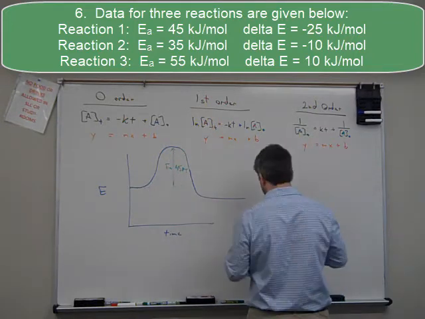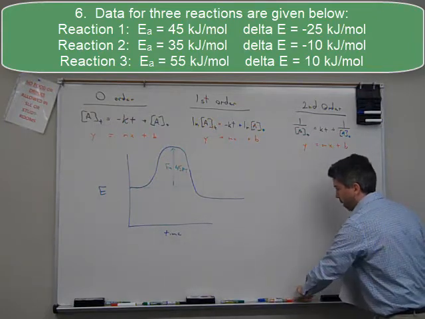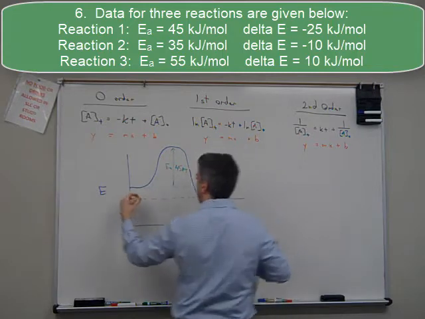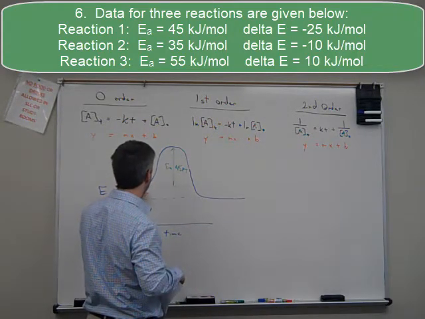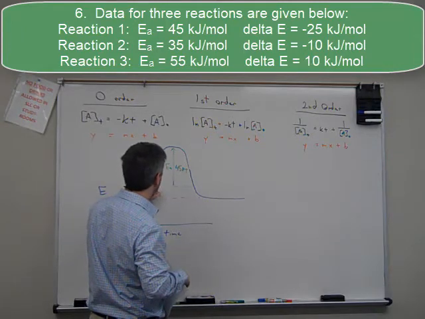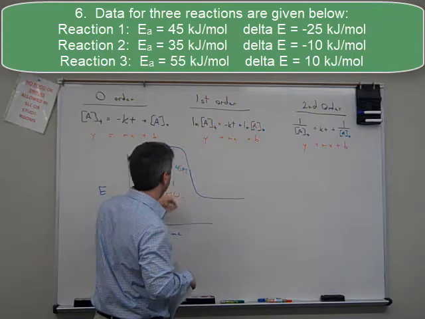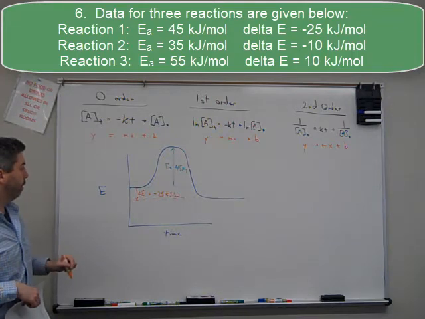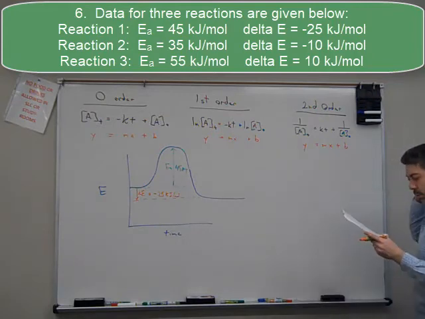So that means my delta E here, my line should be lower than this. Lower than the starting point. Okay.